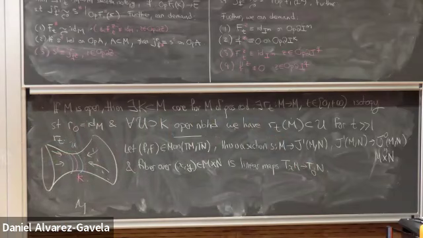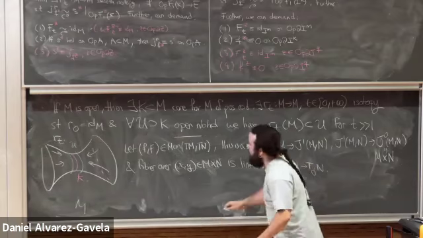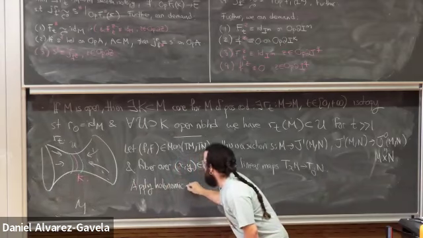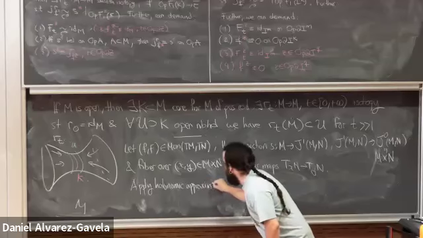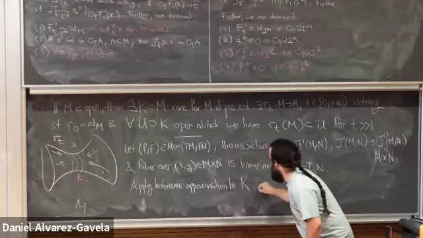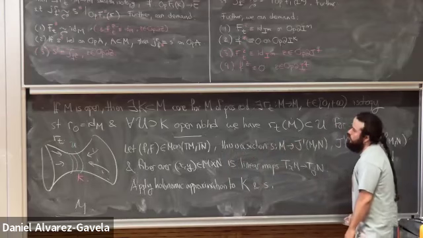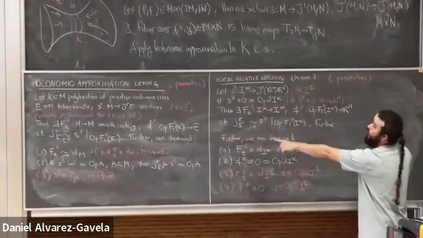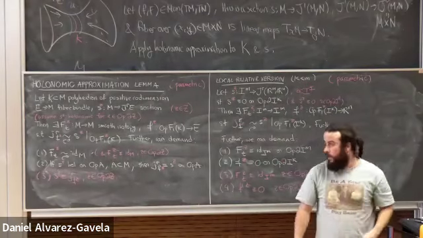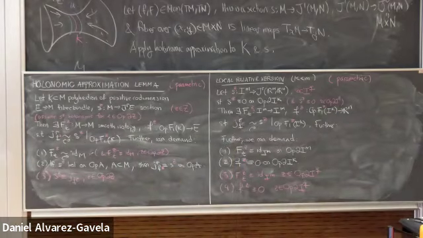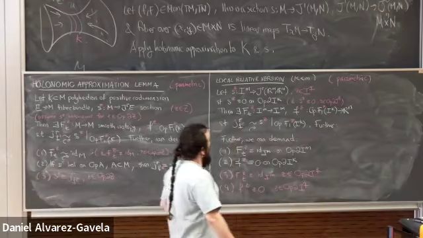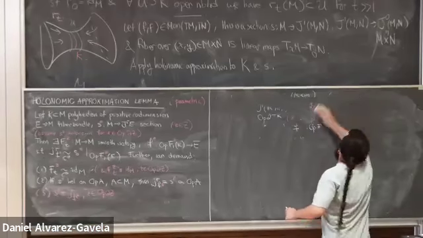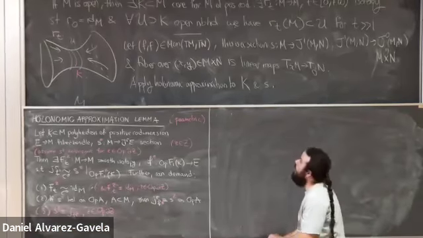So what am I going to do? I'm going to apply holonomic approximation to K and S. So I will leave that, but I will erase the parametric version now, which by the way is proved in the exact same way, just adding the superscript everywhere. So what do I get?